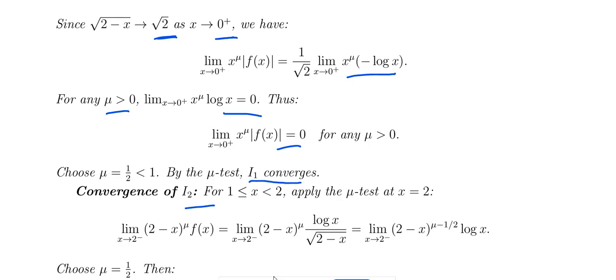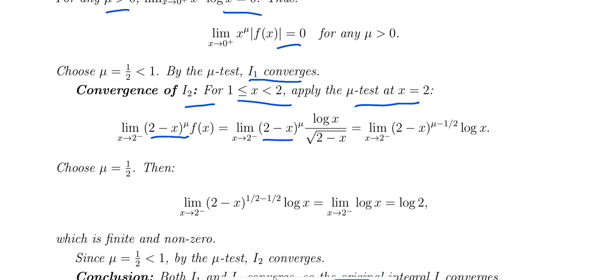So the second integral பார்த்தீங்கன்னா 1 to 2க்கு mu test for x equal to 2, that is 2 minus x whole power mu into f of x. So இங்கே பார்த்தீங்கன்னா limit x tends to 2 minus, so mu equal to 1 by 2, இங்கே whole power 1 by 2 இருக்கிறதுனால அதனால தான் இங்கே 2 minus xன்னு எடுக்கிறது.